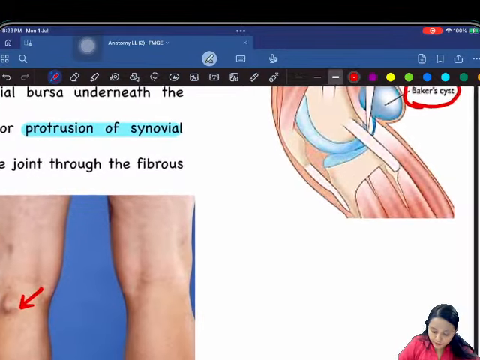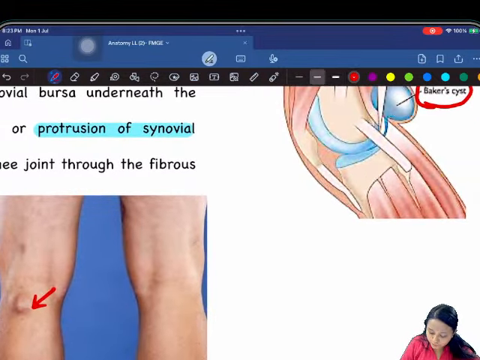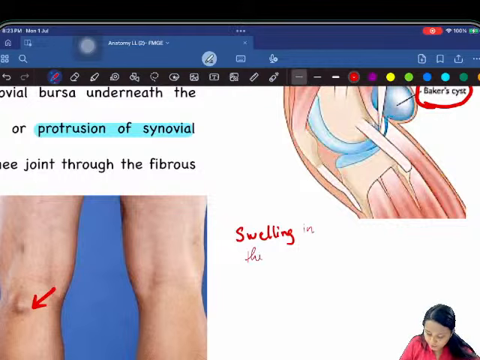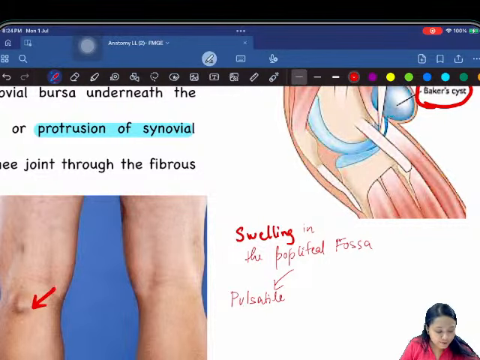So if you have a swelling in the popliteal fossa, and if the swelling is pulsatile, then what kind of diagnosis will we make?